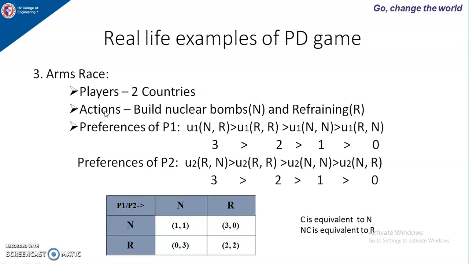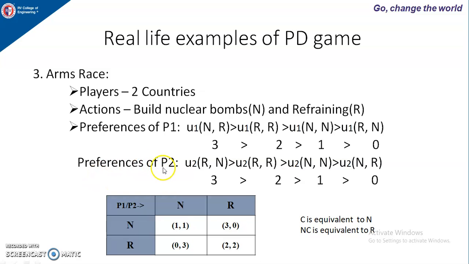The actions available to countries are building the nuclear bombs, that is N, or refraining from building bombs, that is R. The preferences of the player 1 are that the country builds nuclear bombs and the other country does not build, that is refrains, over both the countries refraining, over both of them building the nuclear bombs, over the country 1 refraining and the country 2 having the bombs.